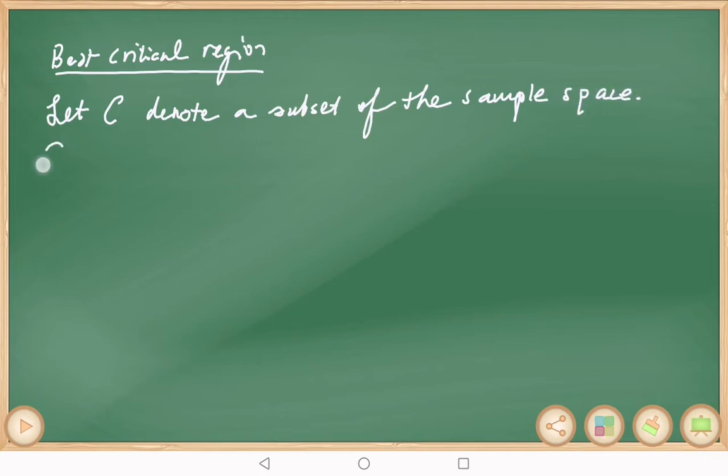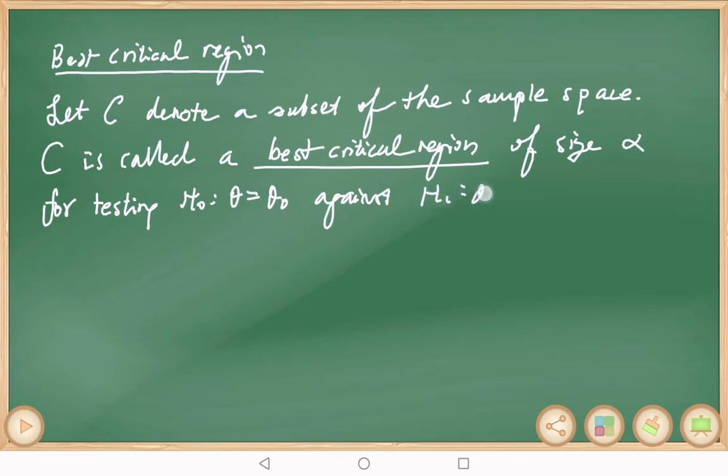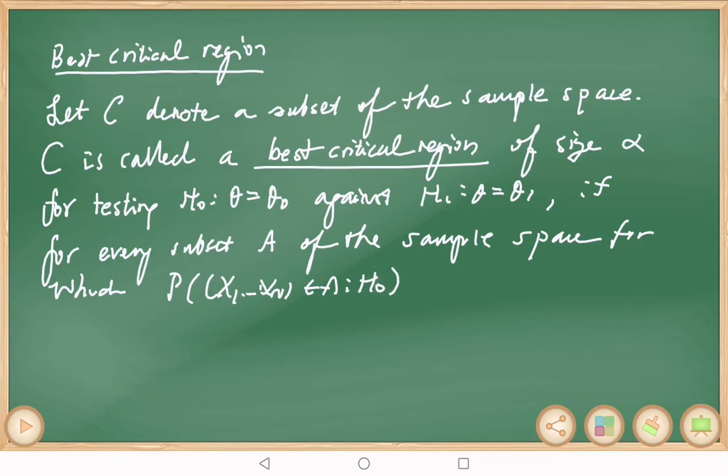C is called a best critical region of size alpha for testing the simple null hypothesis against the simple alternative hypothesis if for every subset A of the sample space, so this A is another subset of the sample space, for which number one, the probability of getting a point in this subset under the null hypothesis is also alpha, so it has the same size as C.